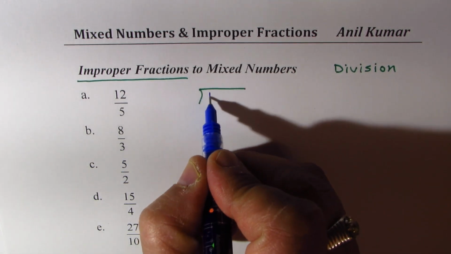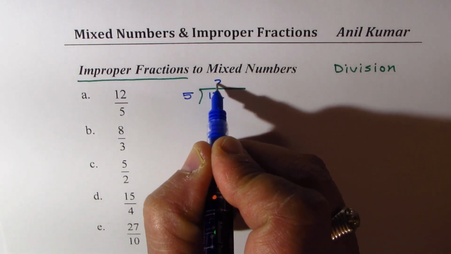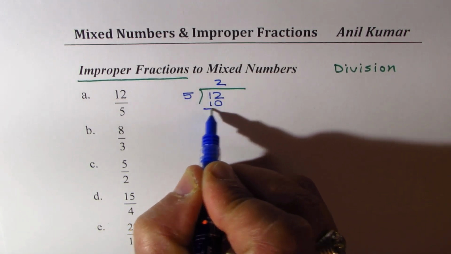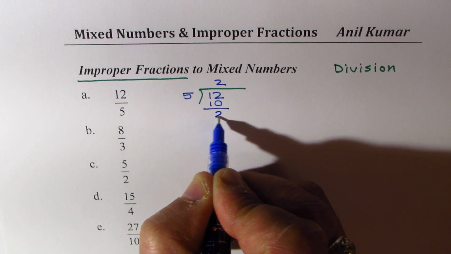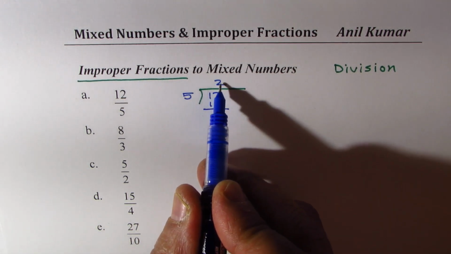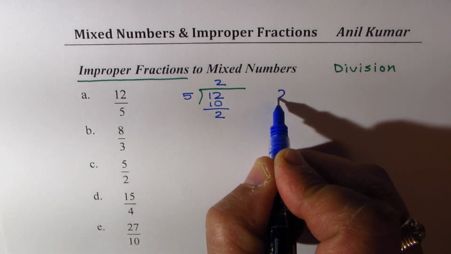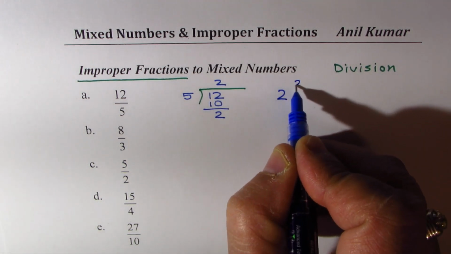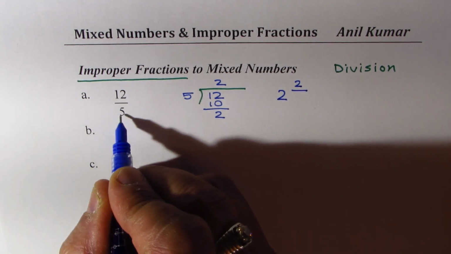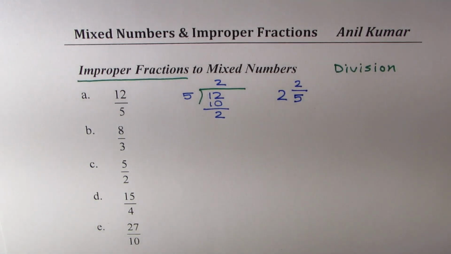Numerator in this case is 12. We'll divide it by 5. 5 goes 2 times, we get 10 here, and the remainder is 2. So we get 2, the quotient, as a whole number. So we could write this as 2 whole, then the remainder 2 comes on the top, divided by the original divisor, which is 5.